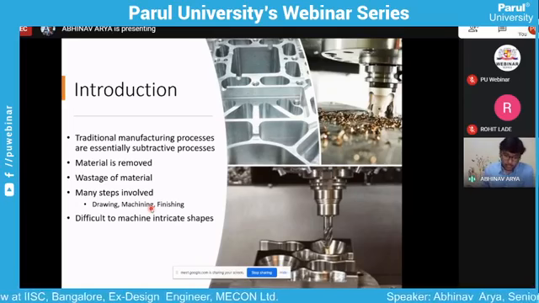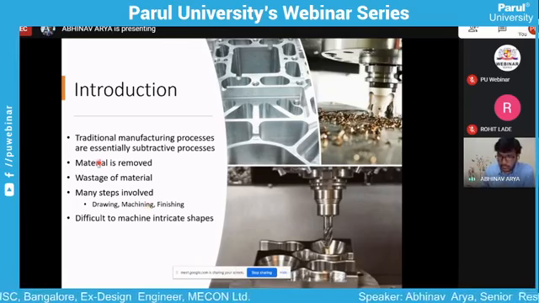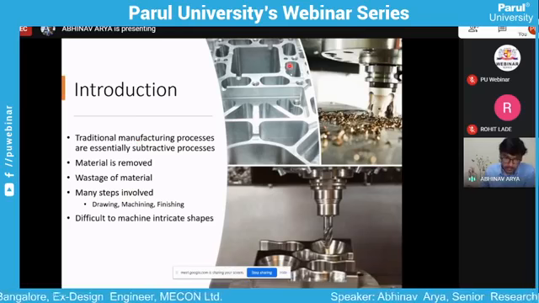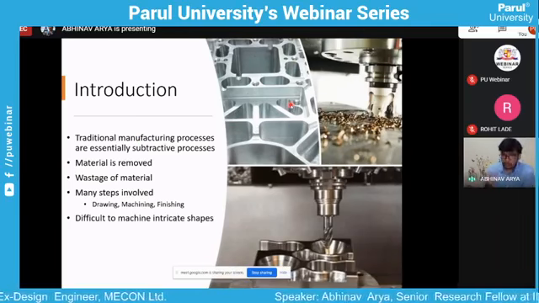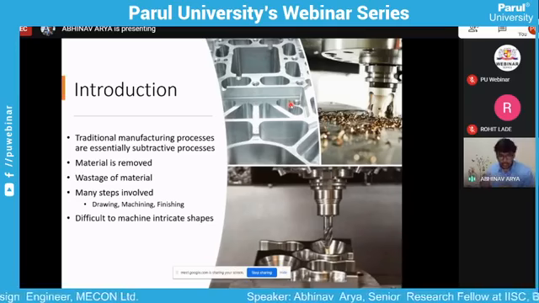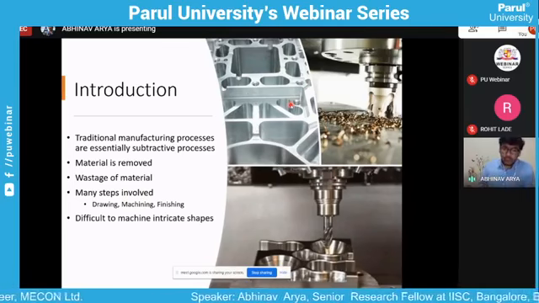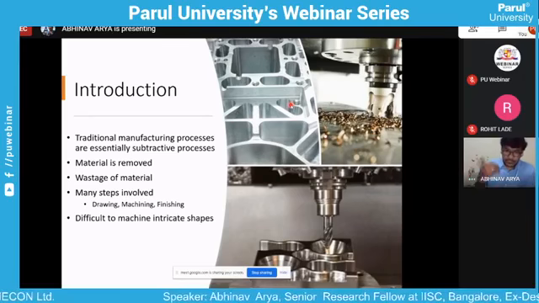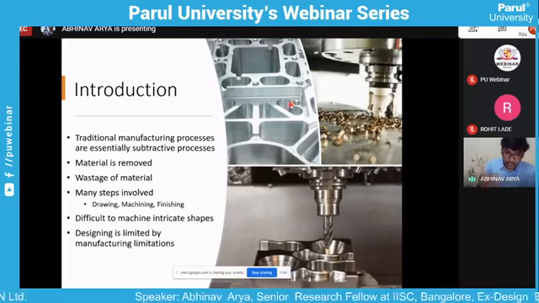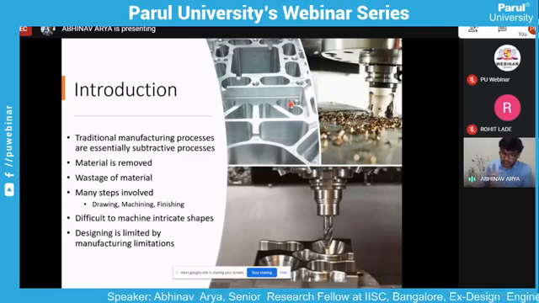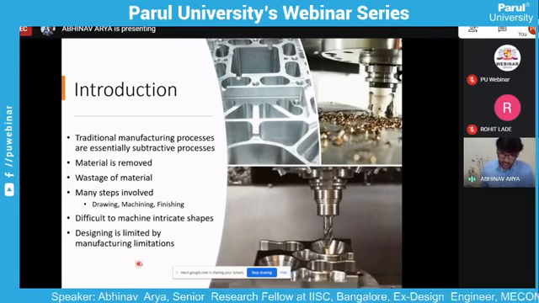And due to all these steps, it is very difficult to machine intricate shapes of components. Like if we want a component with very fine shapes in it, it will be very difficult to machine it. So the design of our component is limited by the manufacturing limitations.